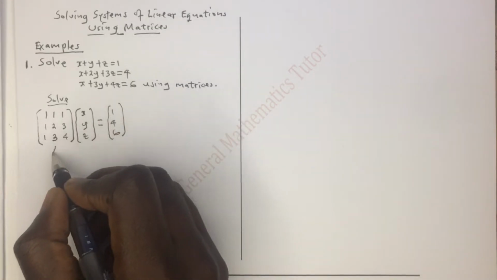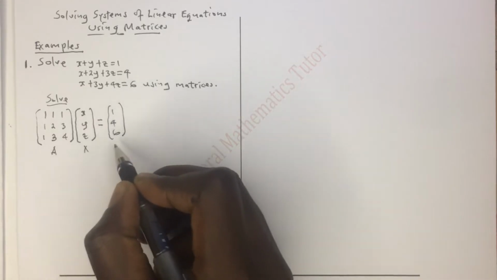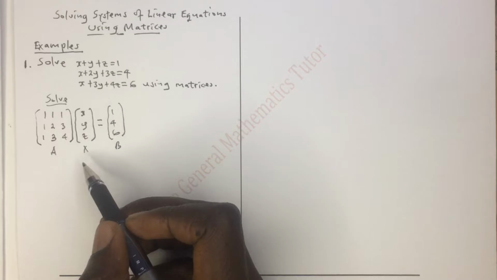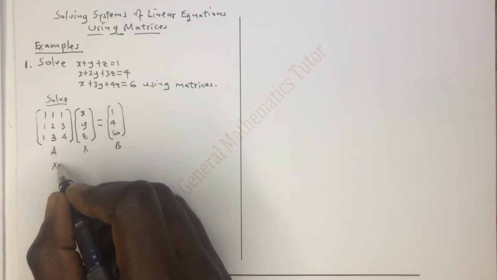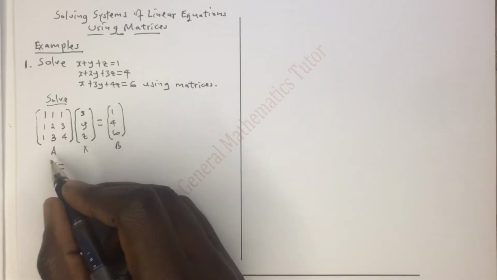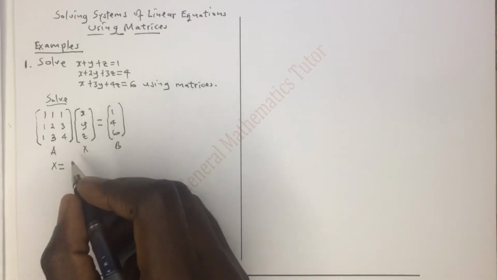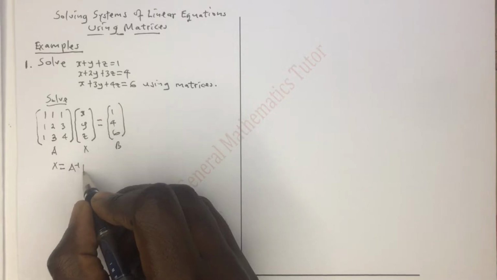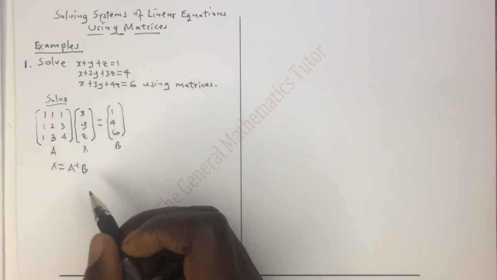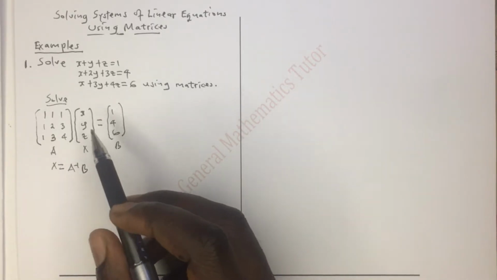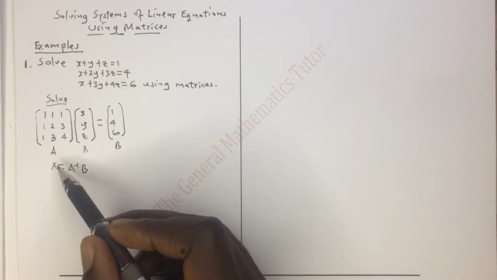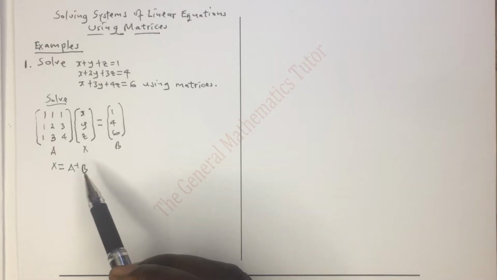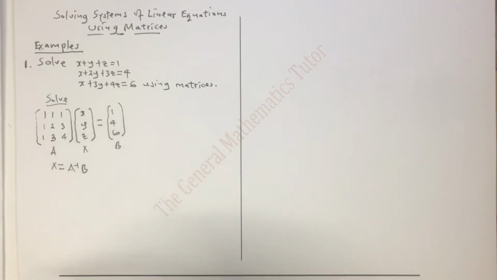So then we can name this one A, this one X, and this one B, so that the unknown is represented by X. So if we want to get X, you're just going to divide B by A, that will be 1 over A times B, that is the inverse of A times B. So it means we are going to have to look for the inverse of the coefficient matrix and then multiply that by the result.